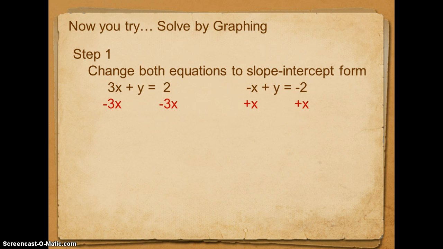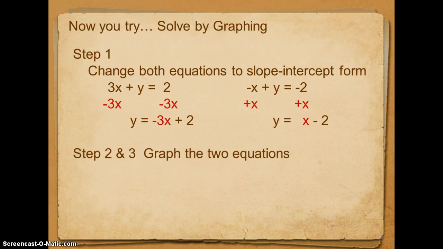That is correct. Now you have y equals negative 3x plus 2 and y equals x minus 2. Step 2 and 3 are to graph these two lines, and step 4 is to find where they meet.